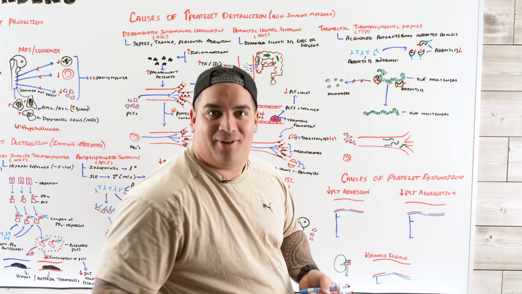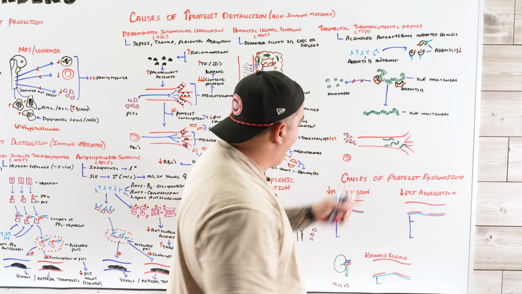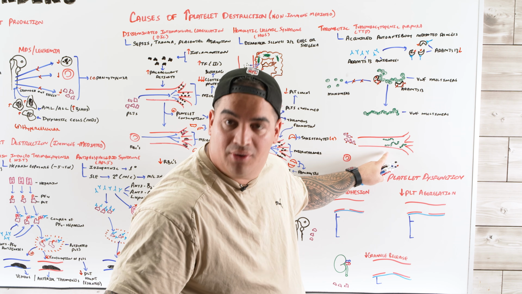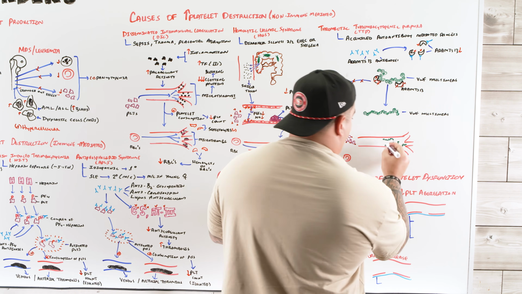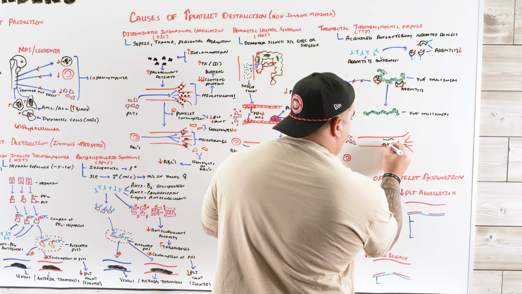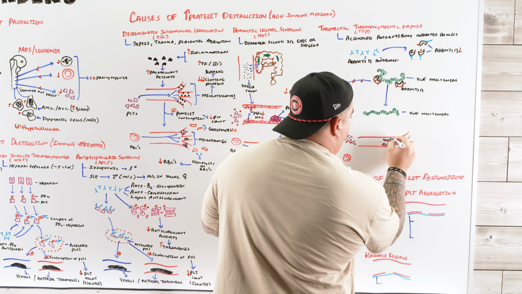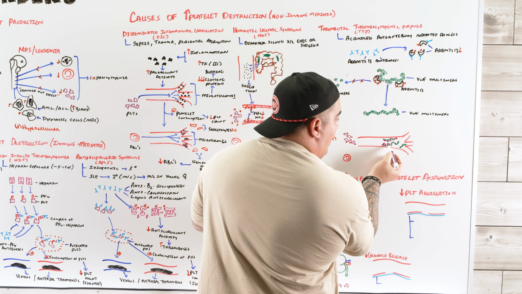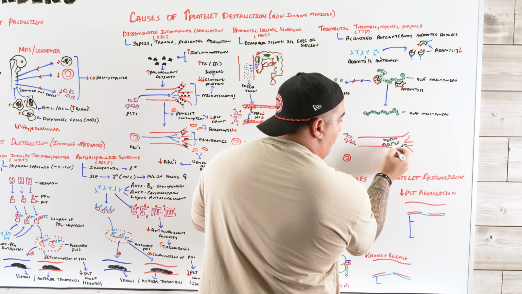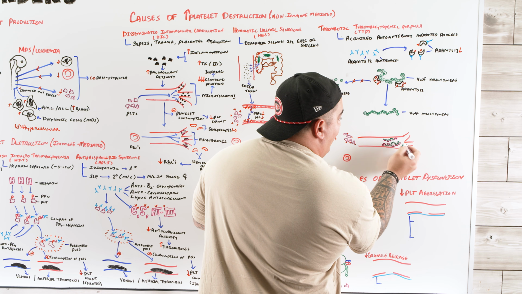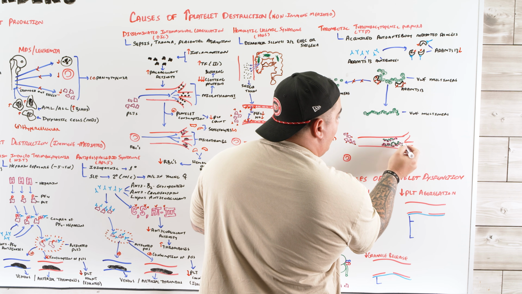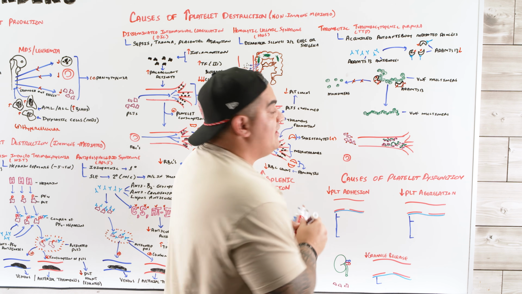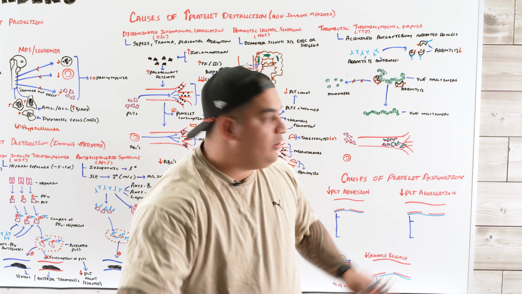Can you imagine how disastrous this could be? Every single site on that multimer is a site of platelet binding. Platelets can bind here, here, and here, because all they need to do is connect with the von Willebrand factor via their GP1B. And now I'm going to end up with this clumping of platelets. This is terrifying.